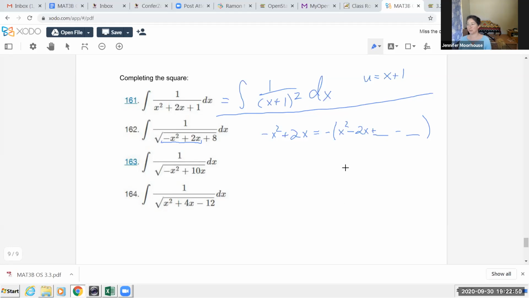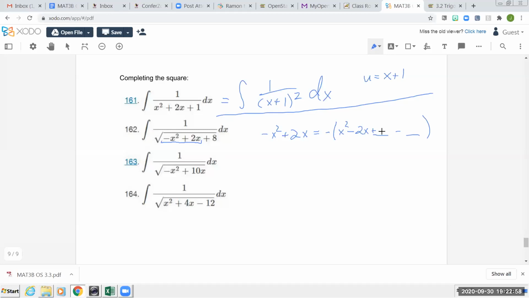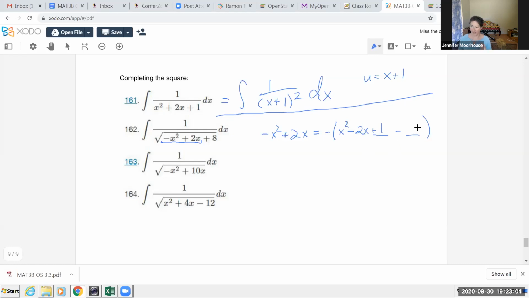So what do I need to complete the square for x squared minus 2x? 1. Yeah, we just need a plus 1. And then, as always, you can't just add anything in that you want. You have to also subtract it out. So this is minus x minus 1 squared minus 1. So distribute the minus. That's minus x minus 1 squared plus 1.